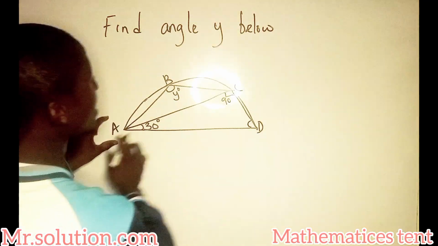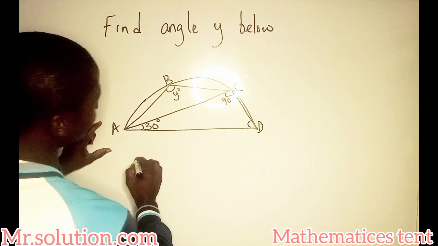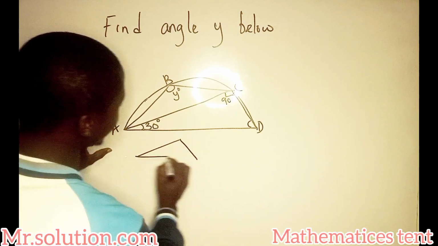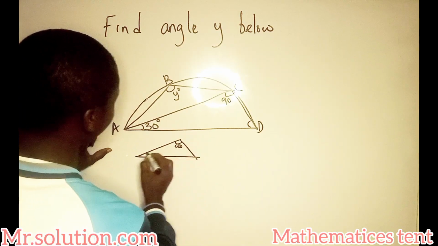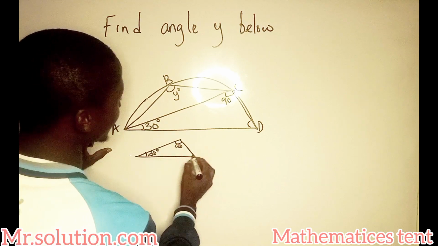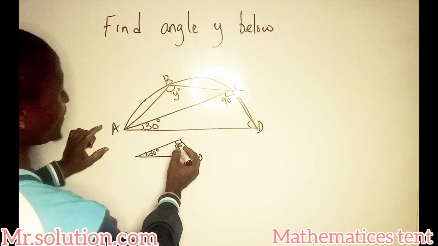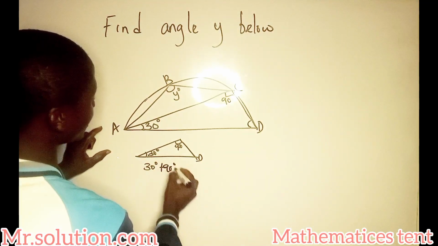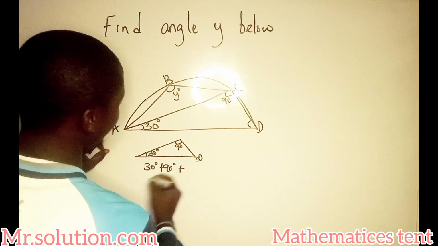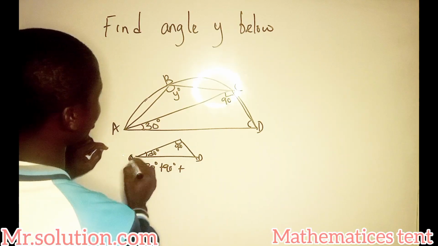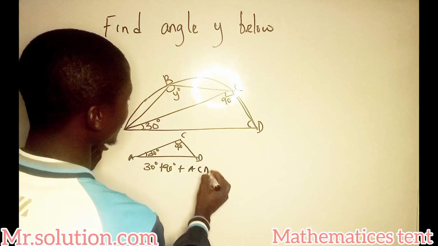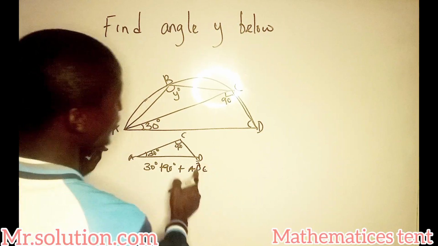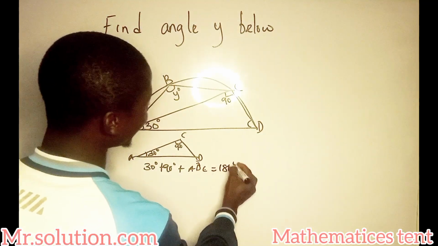Now, since here is angle 90 degrees, how can we get here, which is angle D? Don't forget, ACD is a triangle. When we bring it out, we have something like this. Here is 90 degrees, here is 30 degrees, and here is angle D. To find it, we can say 30 degrees plus 90 degrees plus angle ADC, the angle at D, equals 180 degrees.